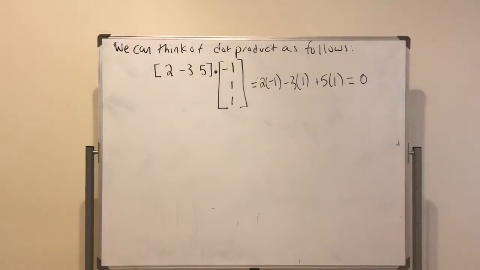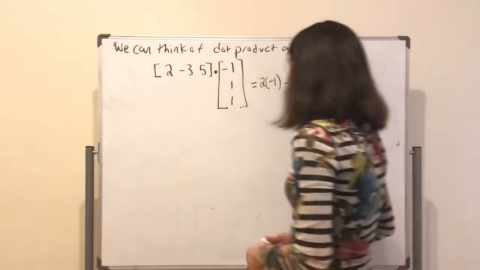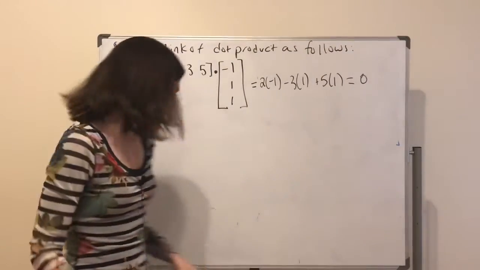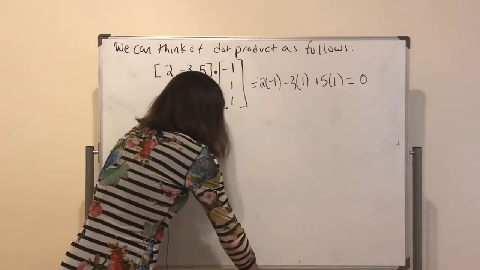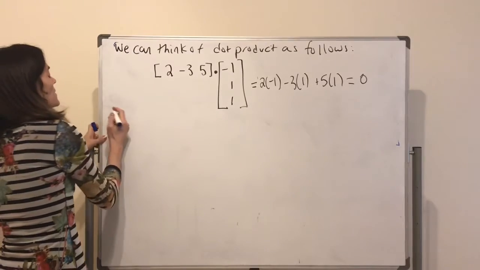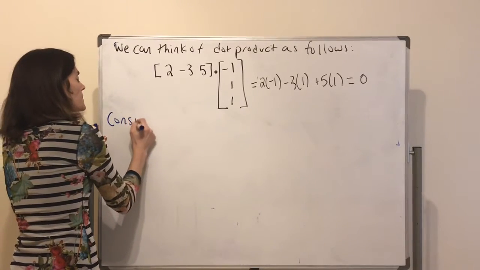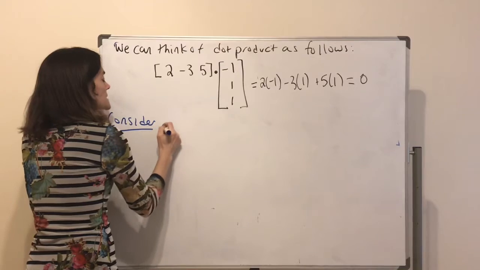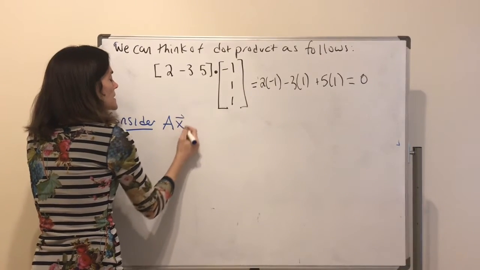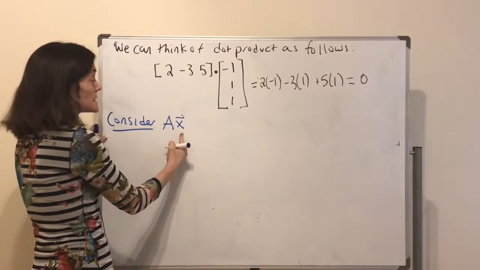Okay, now, what do I want to talk about next? Well, what I would like to think about is A times x, because dot product we will do more of. So now let's consider this type of product. This is a matrix, and this is a vector.